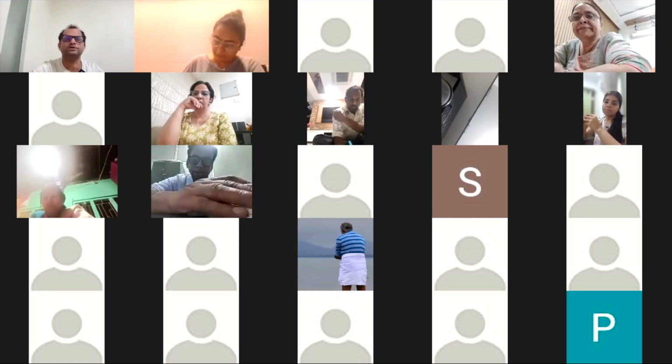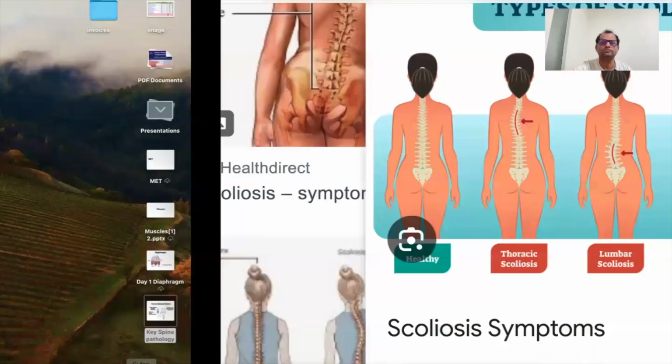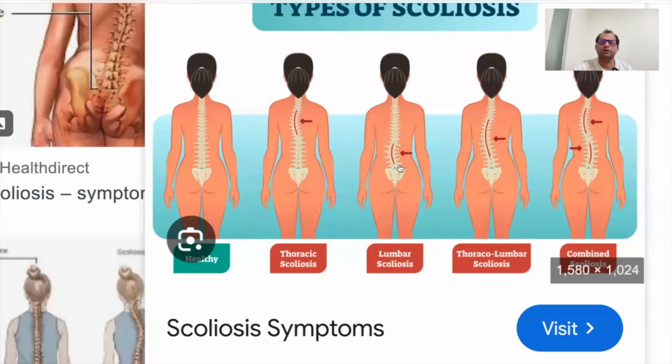Okay, that we can see in this image. The multiple group of the vertebrae are turning on one side, so on one side it will become convex, other side it becomes concave. एक तरफ ये हो गया कॉन्वेक्स और दूसरी तरफ हो गया कॉनकेव, right?